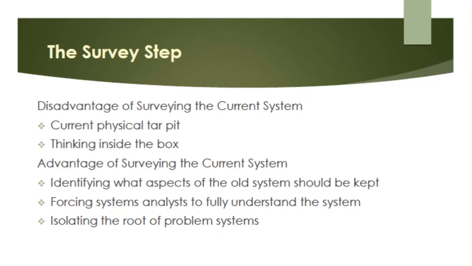Some argue that current system surveys stifle new ideas. By studying and modeling the old system, the analyst may develop a constrained notion about how the new system should function. The result is an improved old system rather than a radically new approach, which is usually the case.